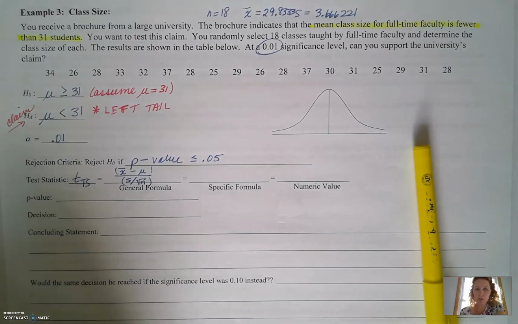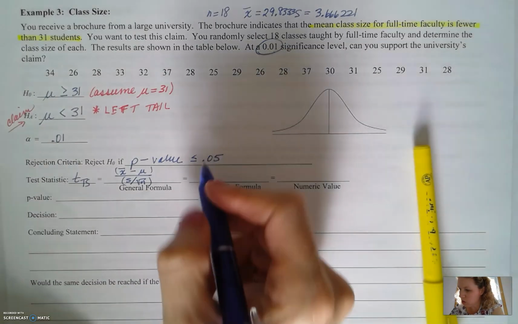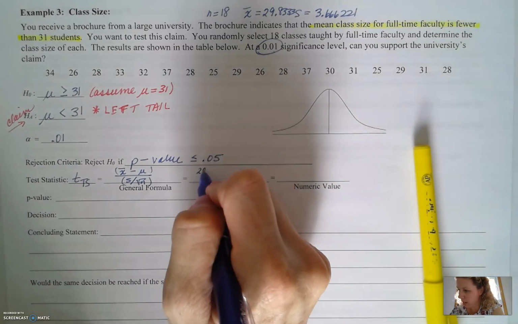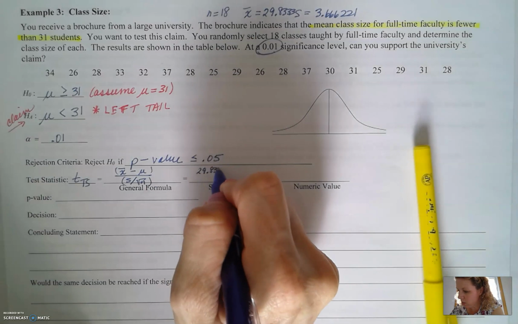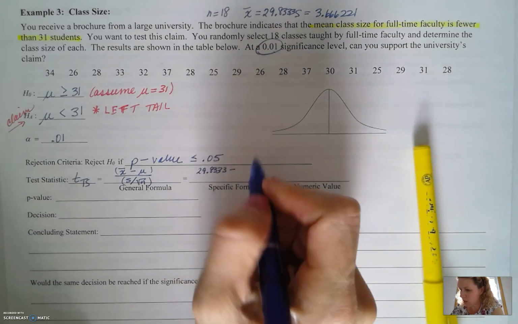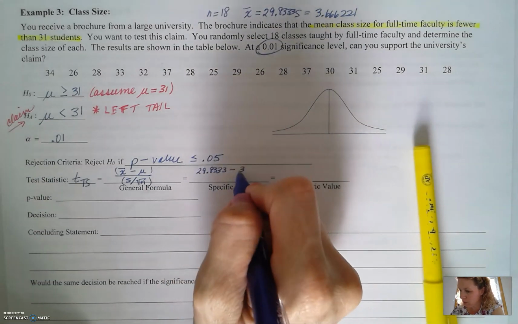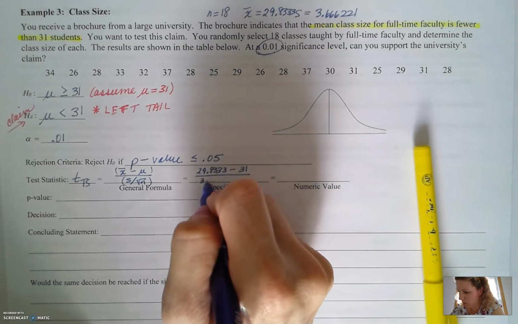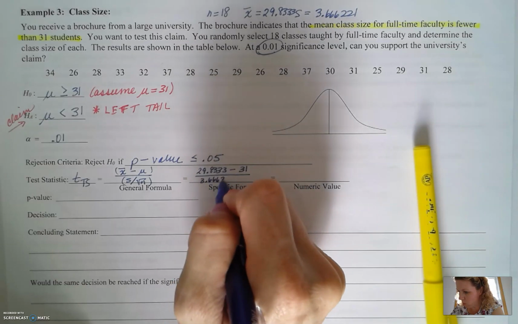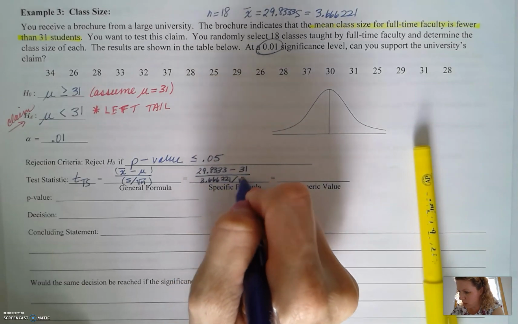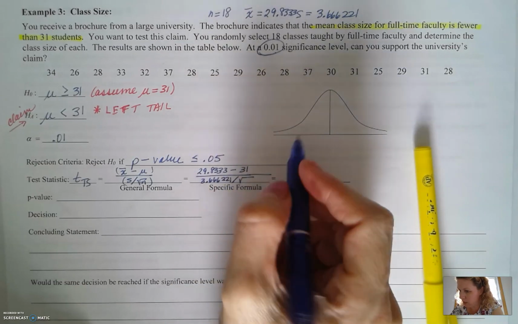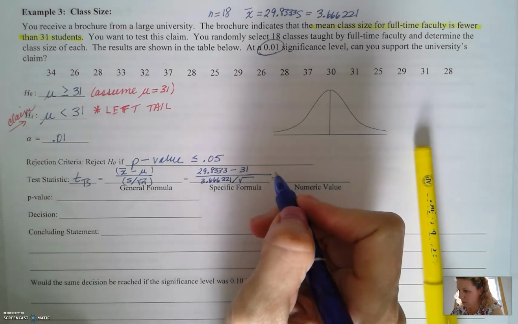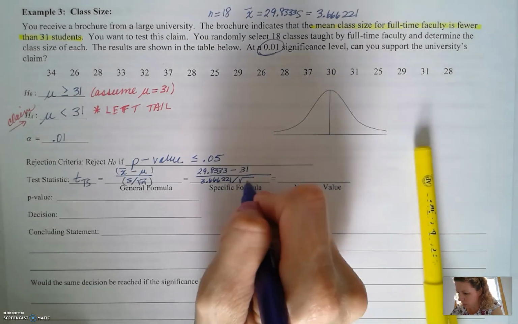Substituting these values into our problem, x bar is 29.8333 minus our claimed mean of 31, divided by s, which is 3.666221, divided by the square root of the sample size, 18.